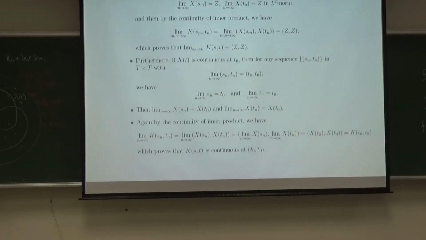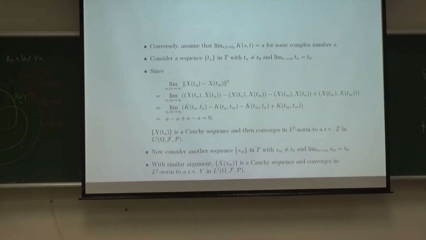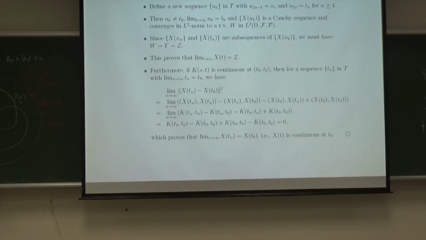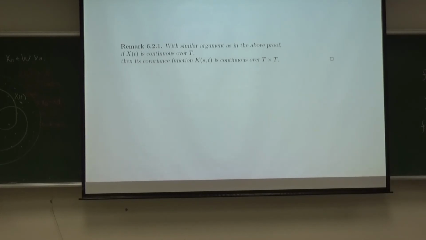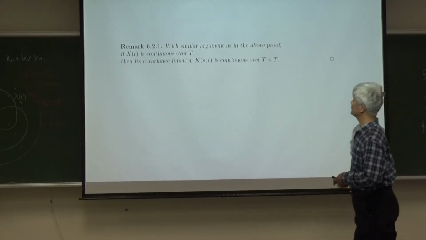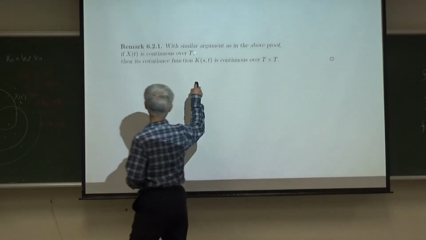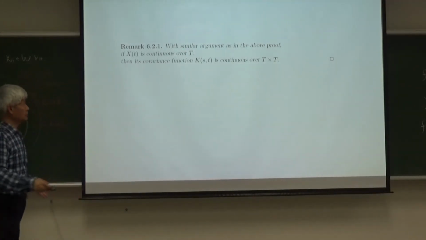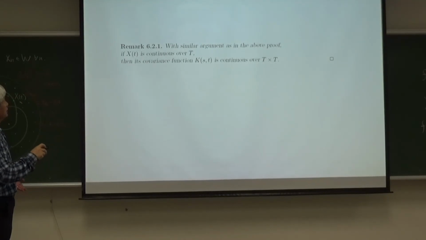All right. Again, I have omitted the proof, since it's standard. Okay. So with a similar argument, x of t is continuous over the whole time interval T if and only if the covariance function is continuous over the square set.